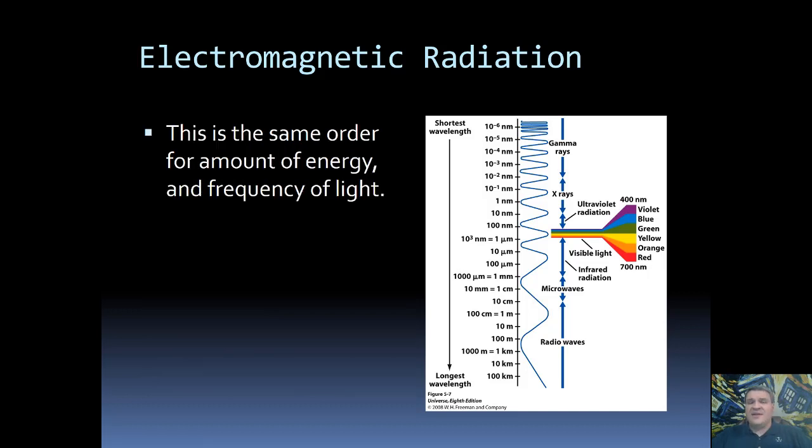As we continue to study light, we found that this order also happens with the amount of energy and the frequency of the light. So radio waves have the very least amount of energy and the very lowest frequencies. Gamma rays have the very, very highest energies and the very, very highest frequencies.